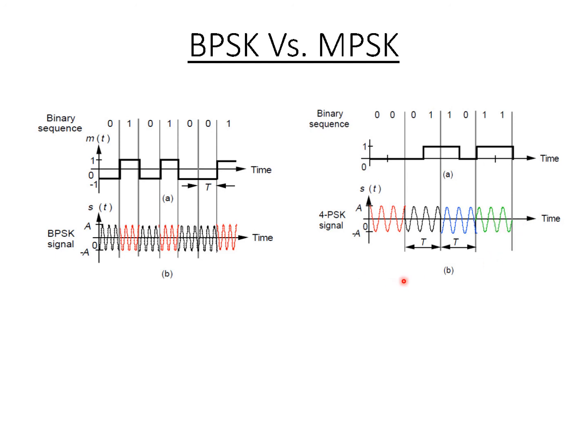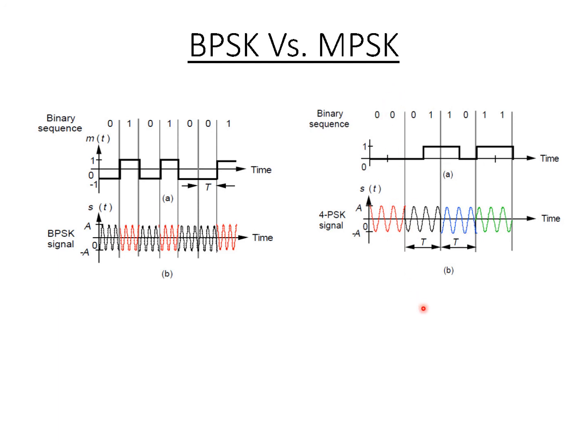That means the total 360 degrees will be divided into 4. So the first symbol will have a phase of 0 degree, second one will have 90 degree, third one will have 180 degree, and fourth one will have a 270 degree phase shift. So comparing this phase shift, the receiver can understand which symbol is coming.